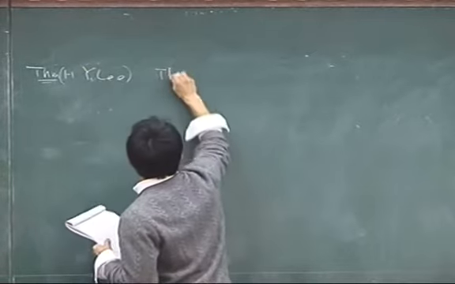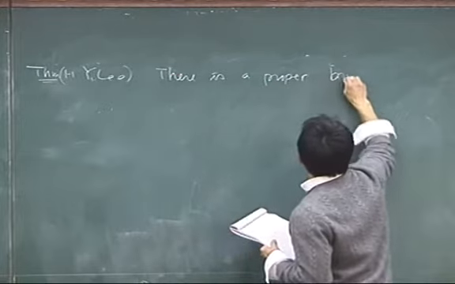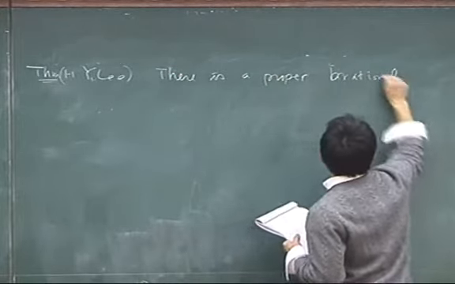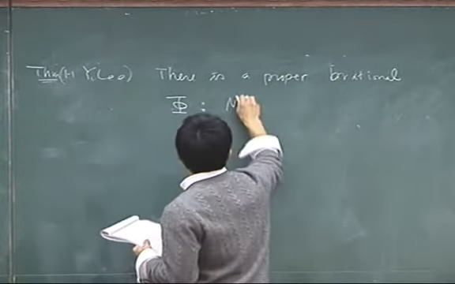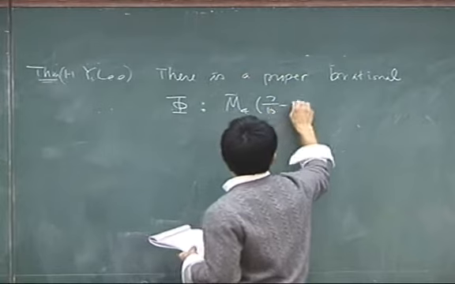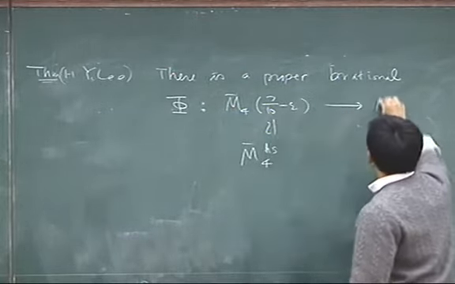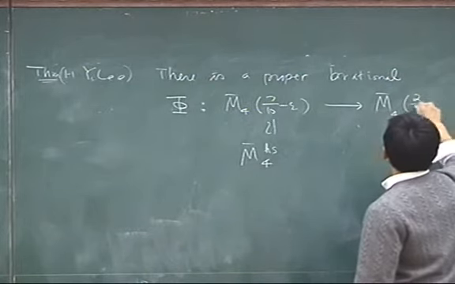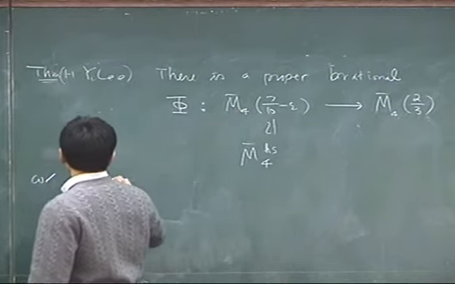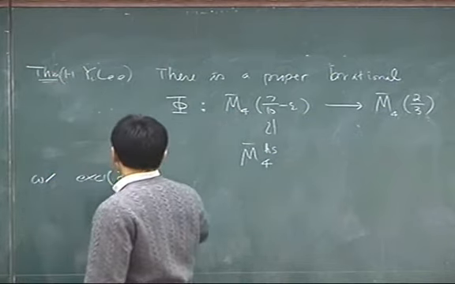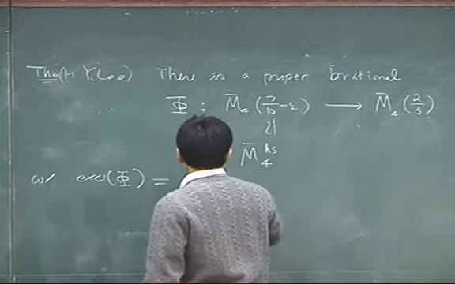So there is a proper birational morphism, I'm going to call it phi, from M4 bar 7/10 minus epsilon, which is isomorphic to M4 bar HS, to M4 bar 2/3, with exceptional locus Weierstrass genus 2 tails.